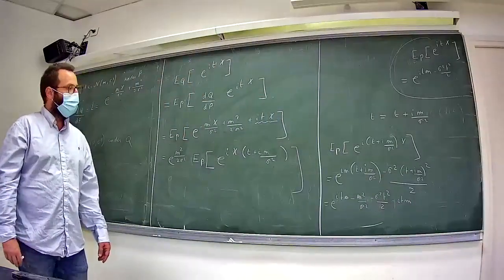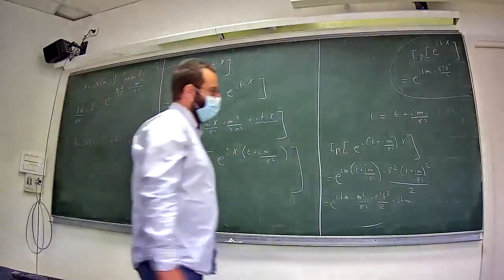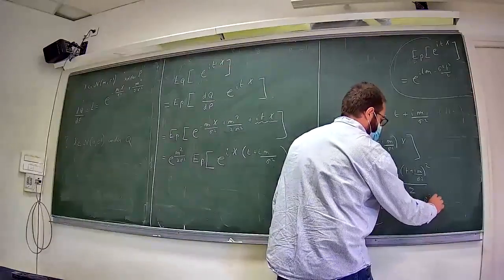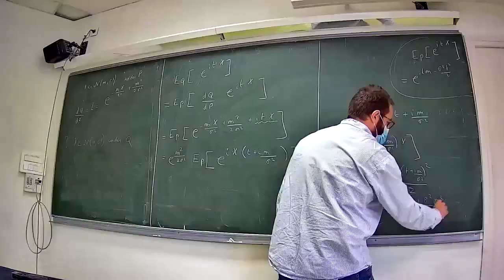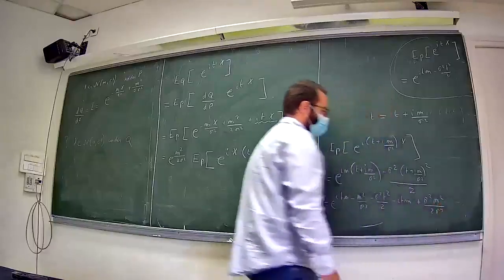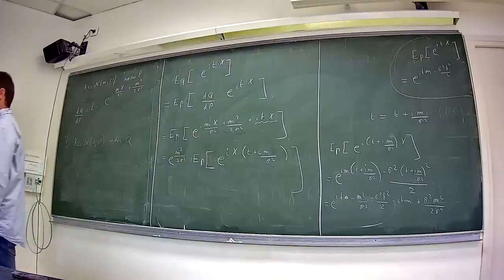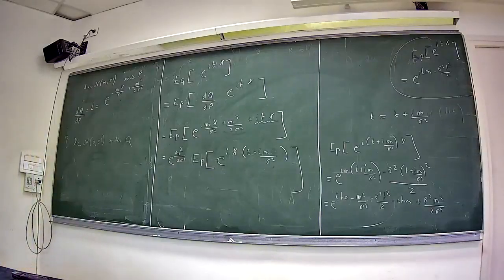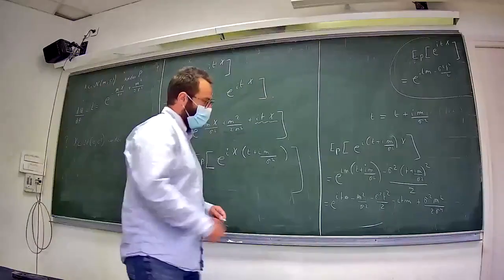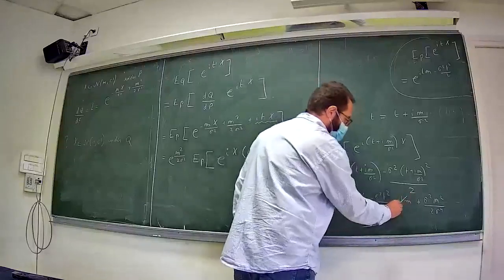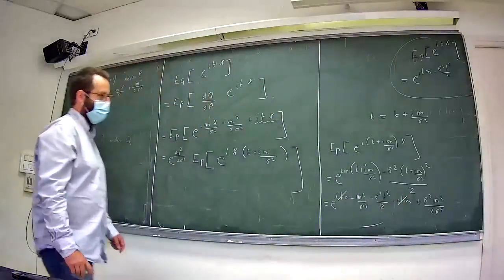And then I obtain what? I have i square minus 1, so I have a plus sigma square m square over 2 sigma 4, that is sigma square squared. So at this stage, is it possible to simplify a little? Yes. I have this one that simplifies with this one.